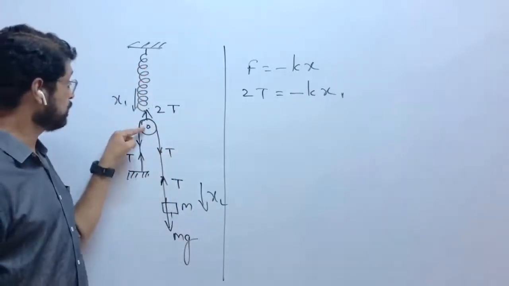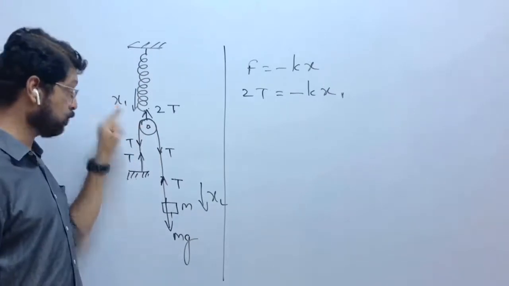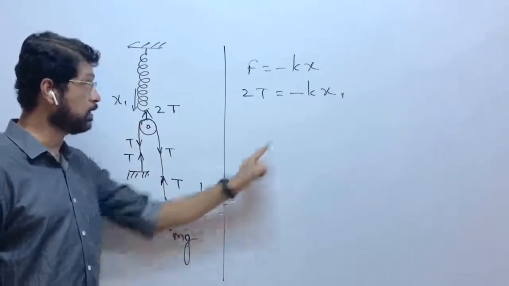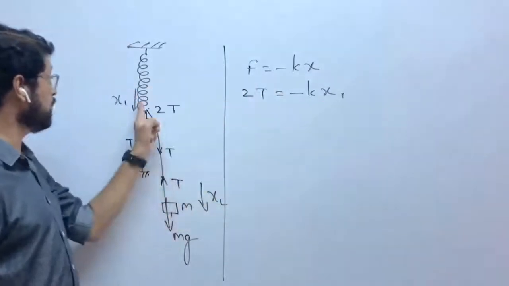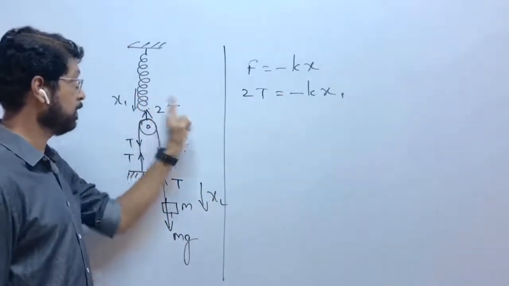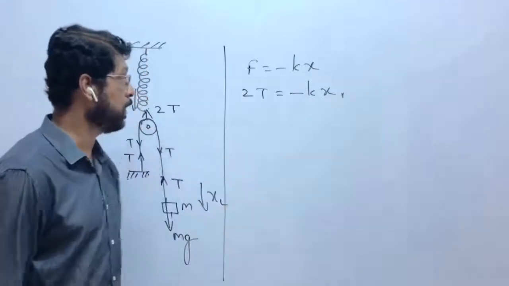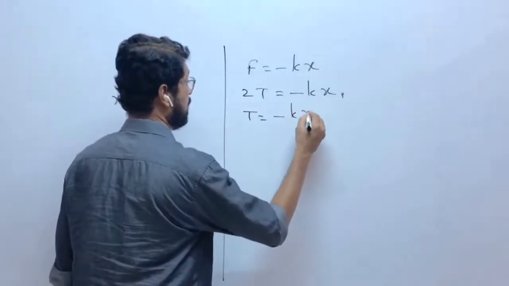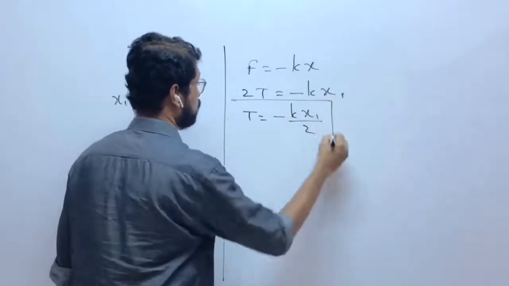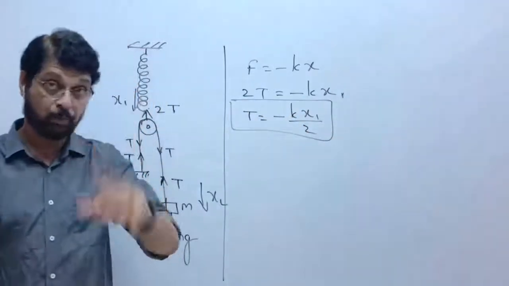So the displacement of the pulley is x1, and the displacement of the block is x2. So the force on the spring, 2T, is equal to minus k x1. So you can say T is equal to minus k x1 by 2. You got one relation.